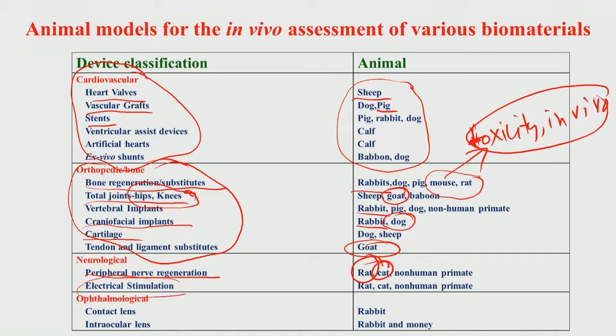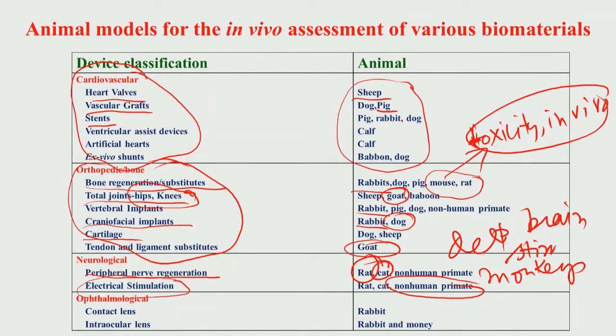People also use deep brain stimulation surgery. Now, in the deep brain stimulation experiments, people can use non-human primates like monkeys, for example. So, monkeys are more used in the discipline of neurosciences and so on, and they use them for deep brain stimulation or other kinds of neurological stimulation experiments and see the response of the primates to the stimulation.